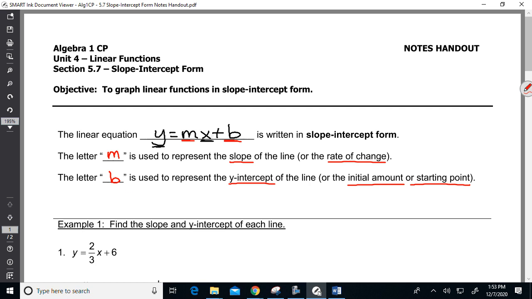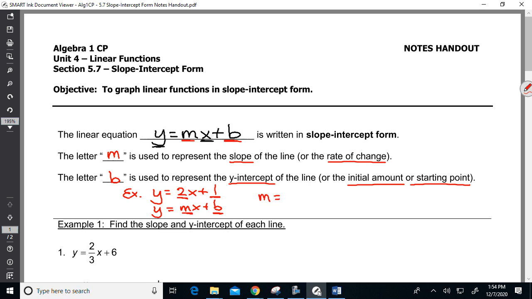If you had, for example, y equals 2x plus 1, put the formula directly underneath it. The slope is whatever number is in front of x. The y-intercept is the number that's behind it.